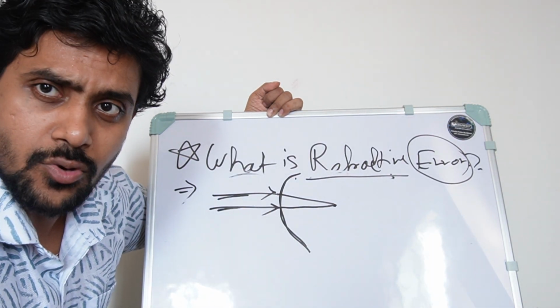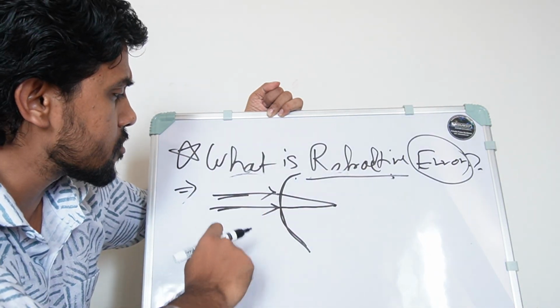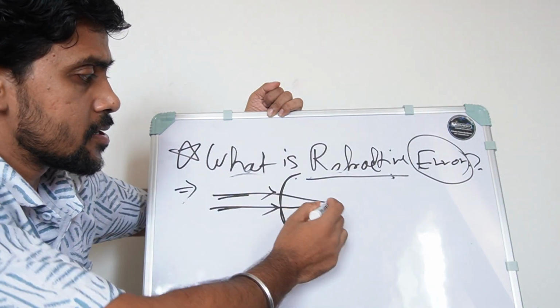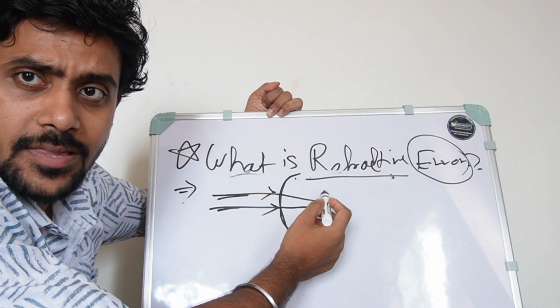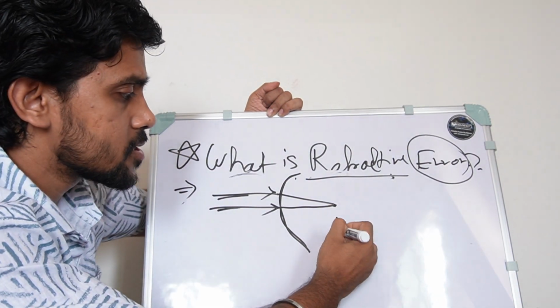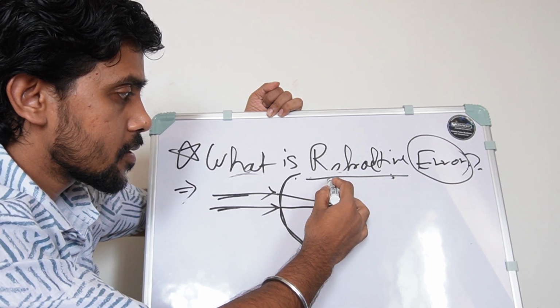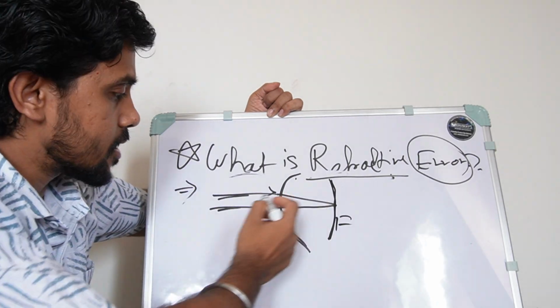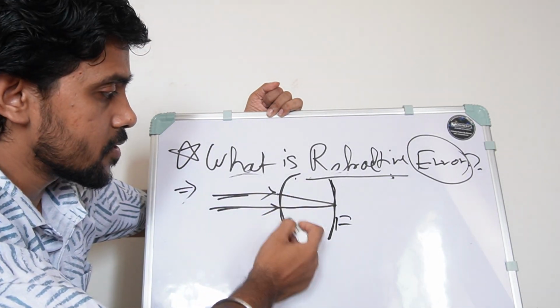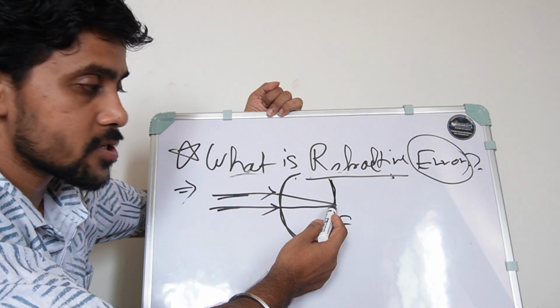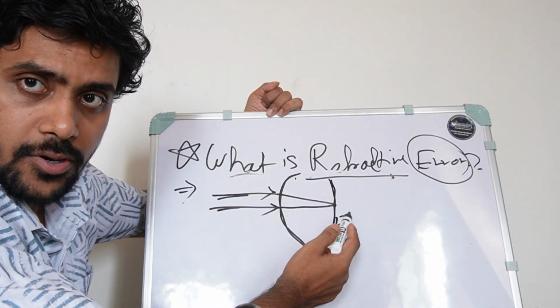And that is how the process goes. Now in this scenario we can see that parallel light rays are coming, bending, and focusing on a particular point. If we suggest this is a focal point, this is F, right? And if this is the retina, that means parallel light rays coming from infinity, after going through a refractive medium, are focusing on the retina. That is a focal point also, right?